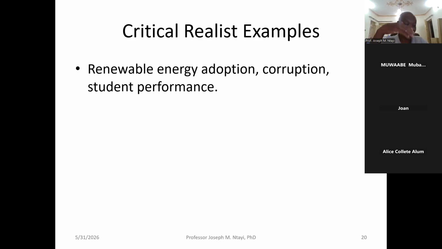Underlying social mechanisms, underlying cultural mechanisms. So there is limited understanding of the underlying social, cultural and institutional mechanisms that generate these differences, that you want to understand and explain.